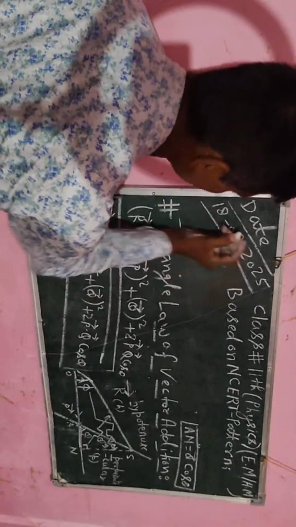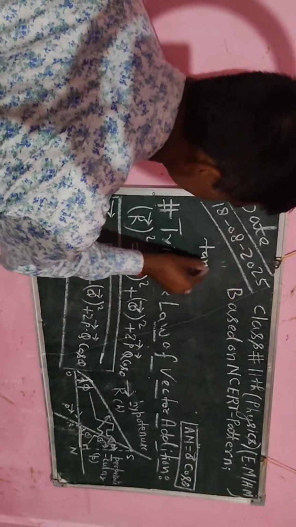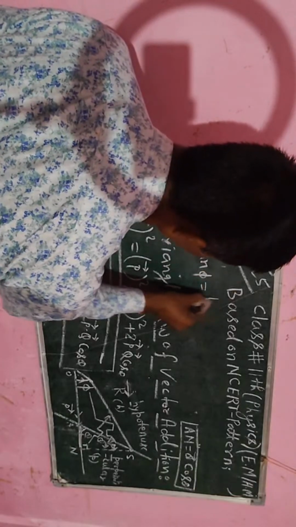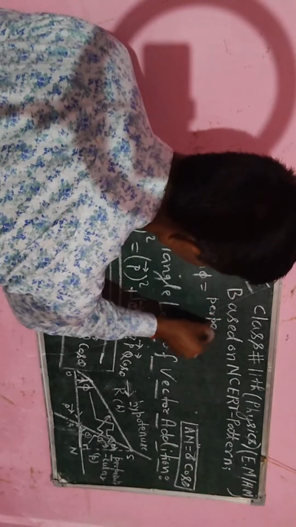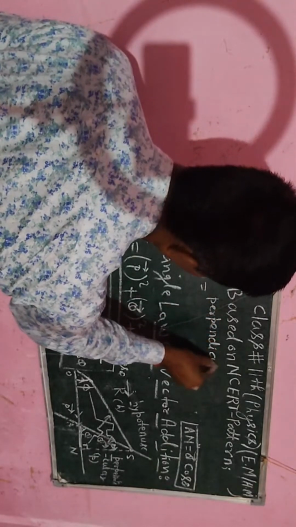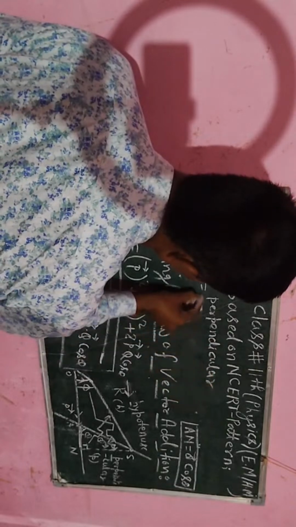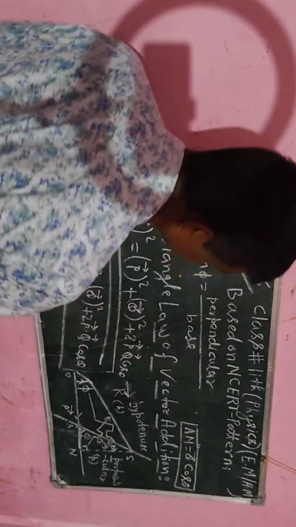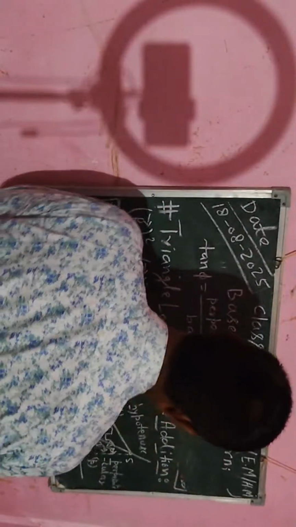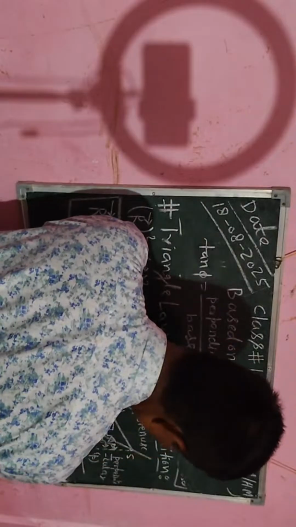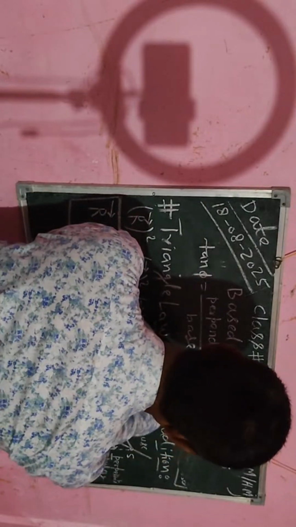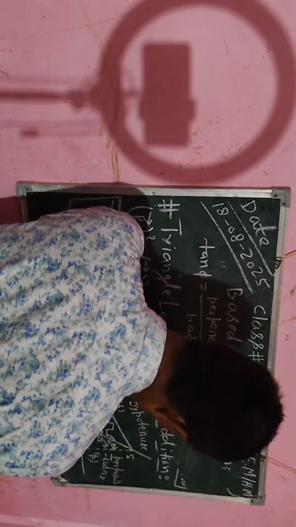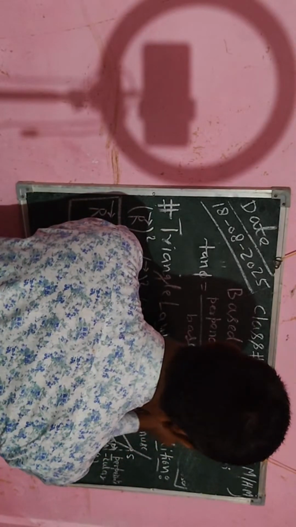So that angle can be obtained: tan phi is equal to perpendicular divided by base. So here I can write perpendicular as NS, perpendicular will be NS, and base will be ON. Base will be ON.